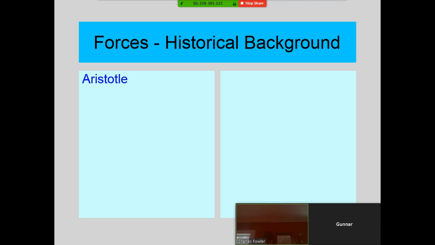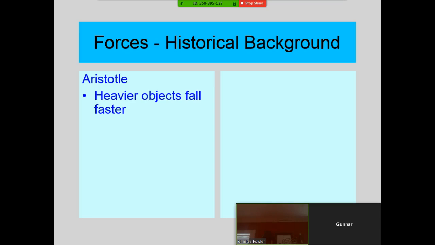But Aristotle was probably the leading, what they called, natural philosopher, looking at nature and putting together ideas and concepts about it. I don't know if he had a concept of force. Here's one of the things he claimed, though: heavier objects fall faster than lighter objects.